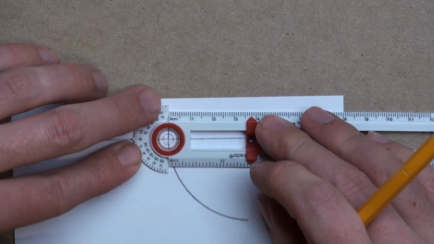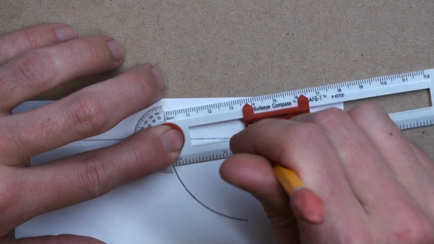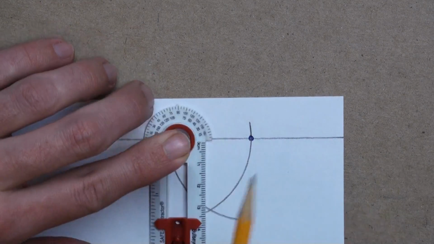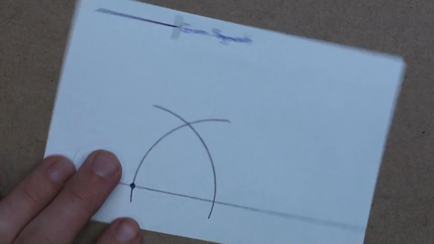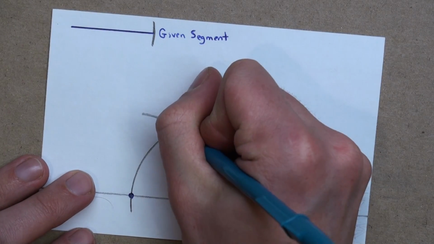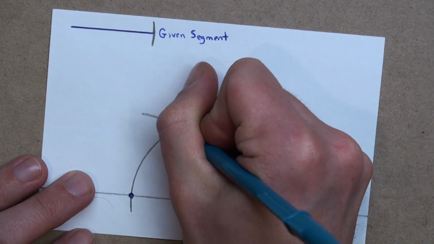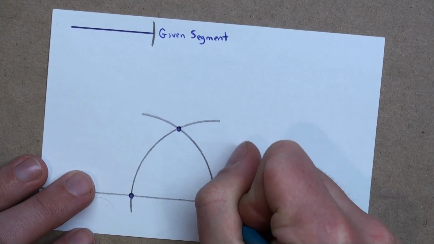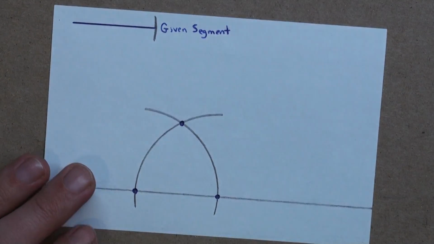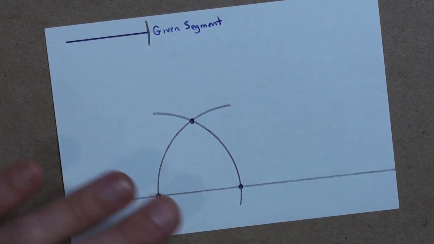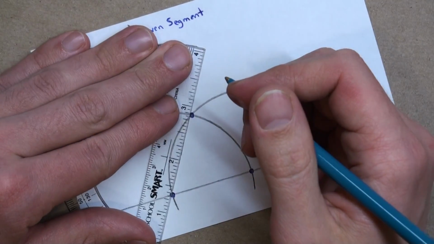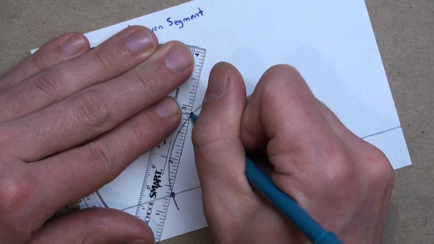And now you can see all your points should be in pen, and your triangle should also be in pen.